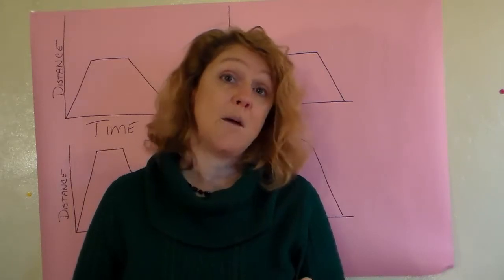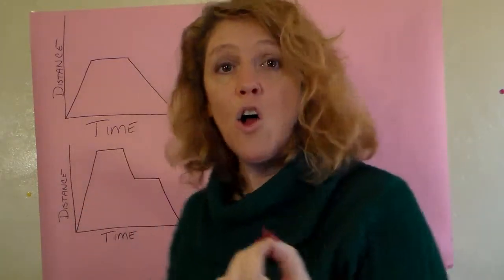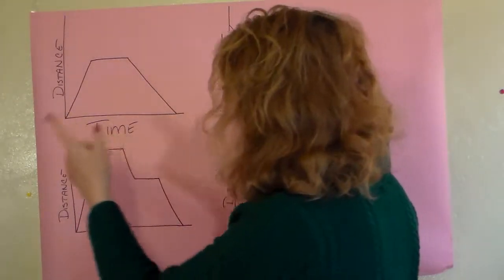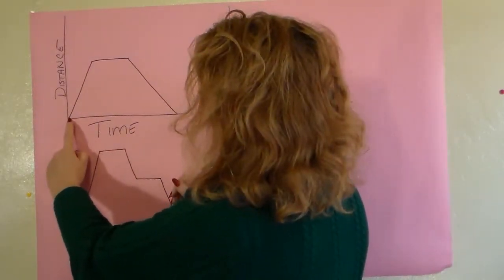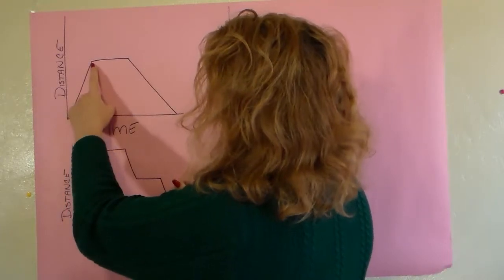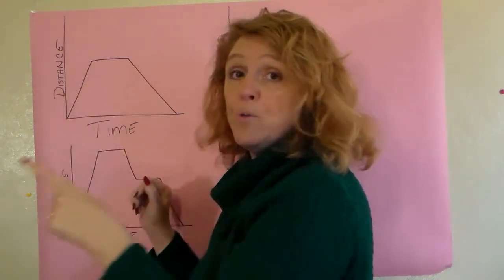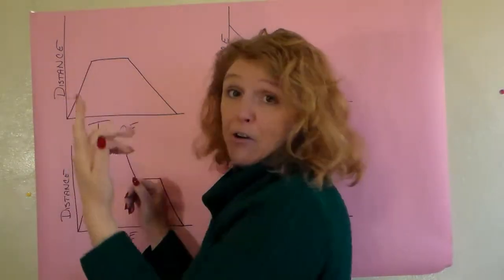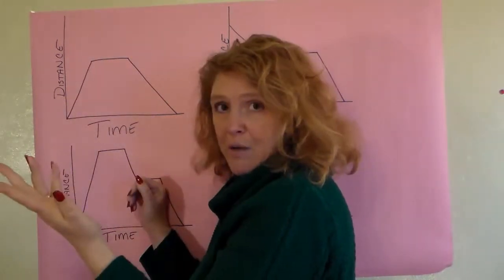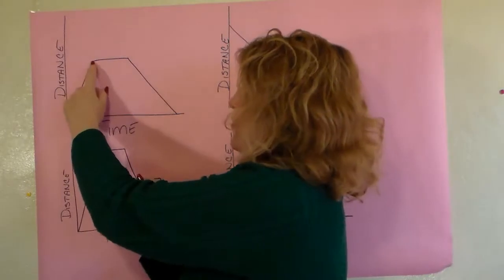There are other distance time graphs that also show you some additional information. For example, in this graph here, somebody walked for a little while, and then they stopped walking. And they stayed there for a while. They sat on a bench, they stood chit-chatting with somebody, they went to the store and did their shopping.